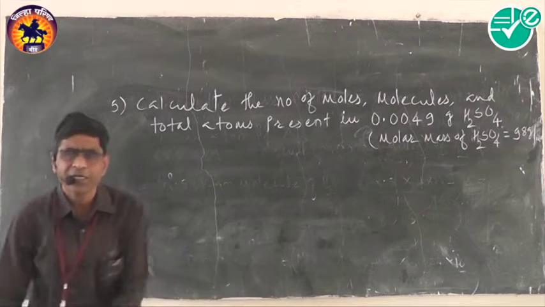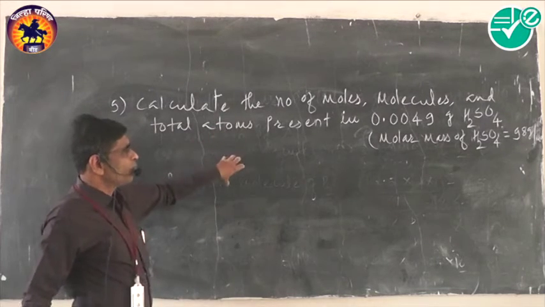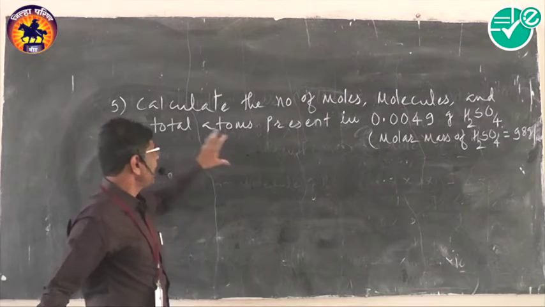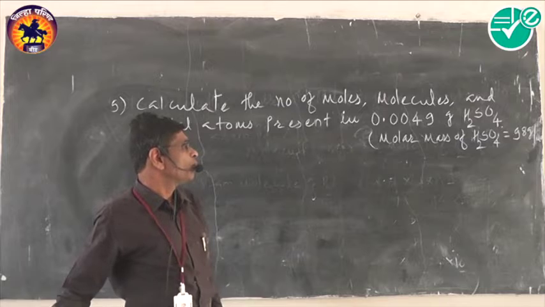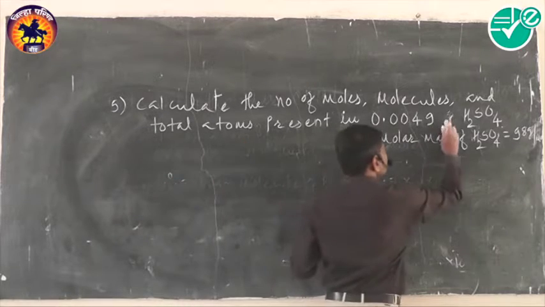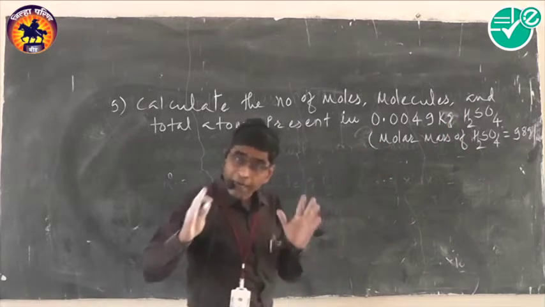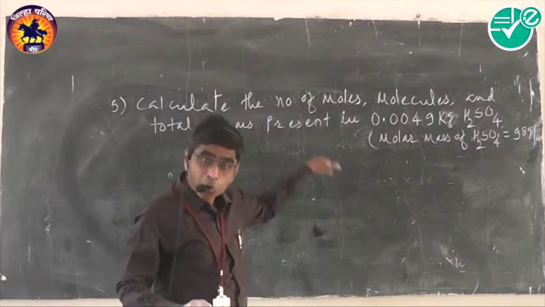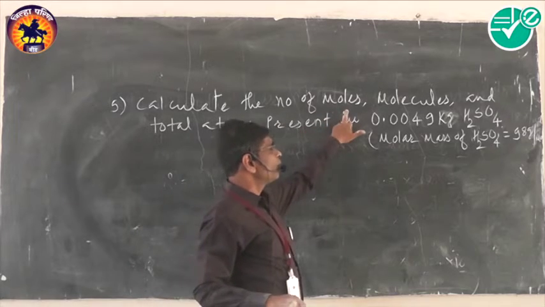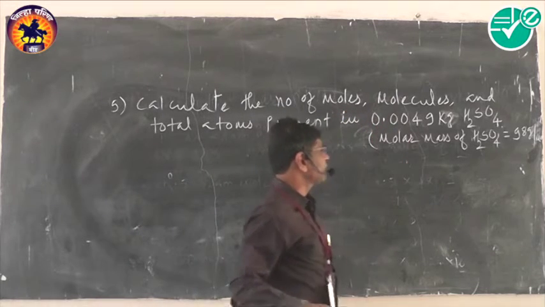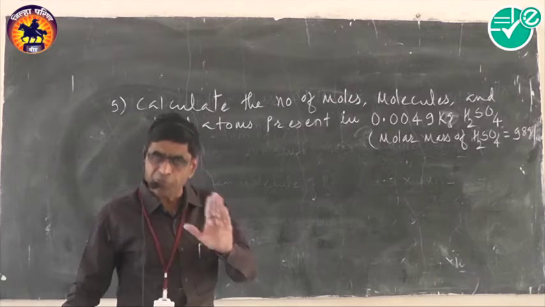Now we have to calculate three values: number of moles, number of molecules, and number of atoms present in 0.0049 in terms of kilogram. Here mass is given in kilogram and not gram. So we have to calculate the number of moles, number of molecules, and number of atoms present in 0.0049 kilogram of sulfuric acid.